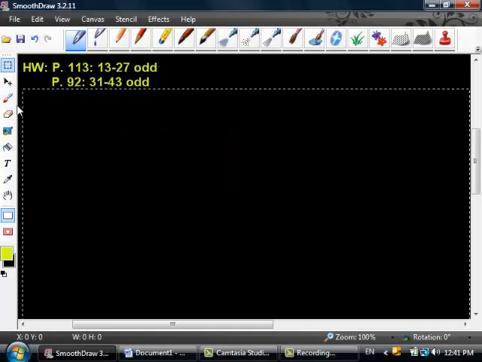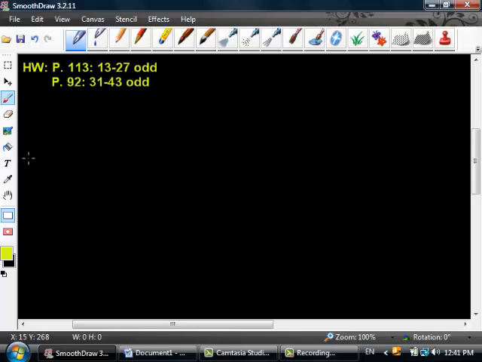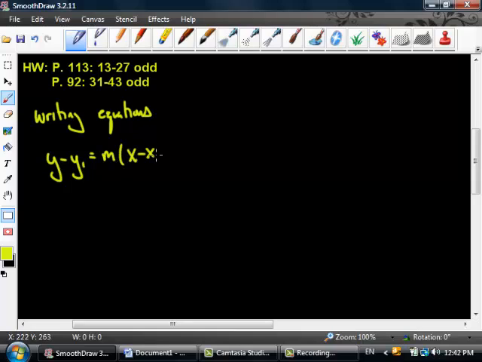Okay. Here's the fun part. When we begin writing equations, we need to have a new, well, no, we don't need it, but it's nice to have. It's this formula called point-slope form, and it goes y minus y sub 1 equals m times x minus x sub 1.